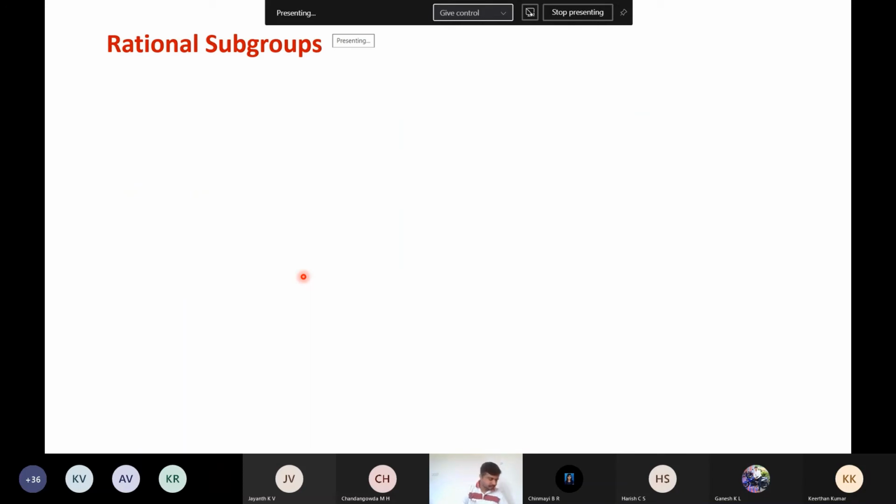Okay, next, rational subgroups. While sampling, you can group the units manufactured. Suppose a manufacturing company is producing 1000 units per shift, for 8 hours. For example, suppose instead of 1000, in an 8-hour shift, a manufacturing company is producing 800 units of a product.